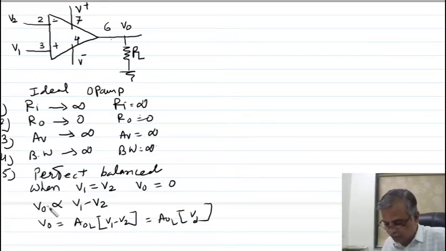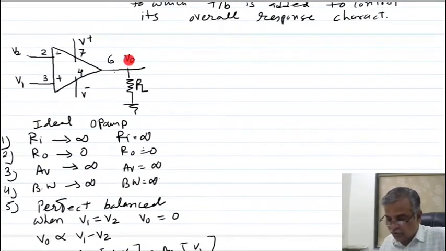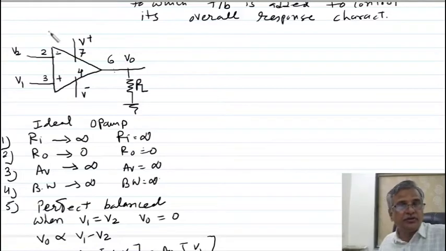Let us see what is open loop gain. Open loop gain means you have not added feedback. Here see, there is no feedback. What is feedback? Some part of the output is given to the input through some component, through some circuit, through some network.